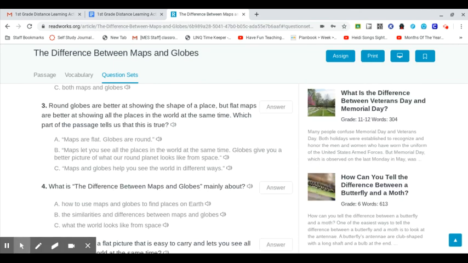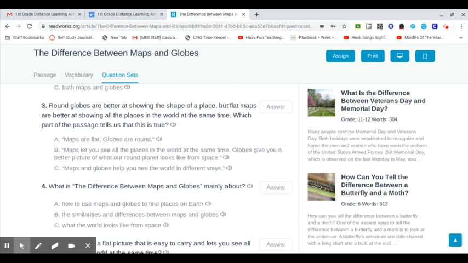Number 3 says, round globes are better at showing the shape of a place, but flat maps are better at showing all the places in the world at the same time. Which part of the passage tells us that this is true? So these 3 answers are all quotes from the passage, and we're going to read those together and then see what tells us that globes are better for seeing the shape, but maps show us everything at once.